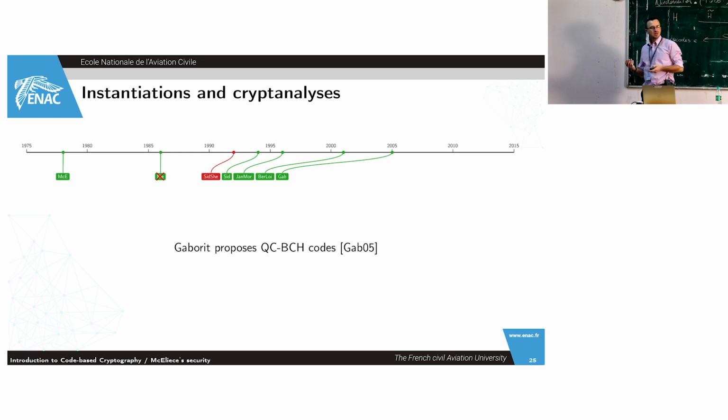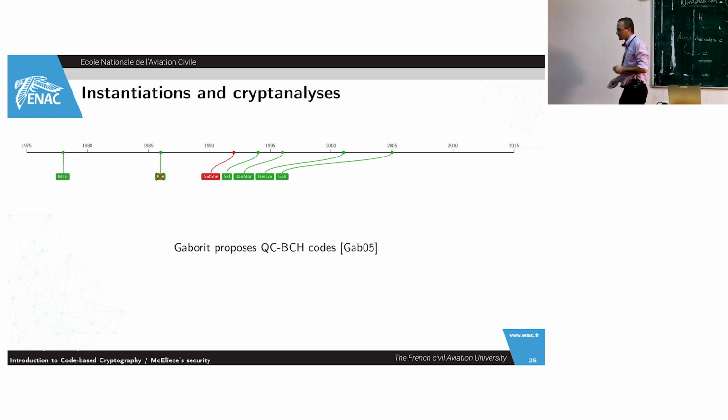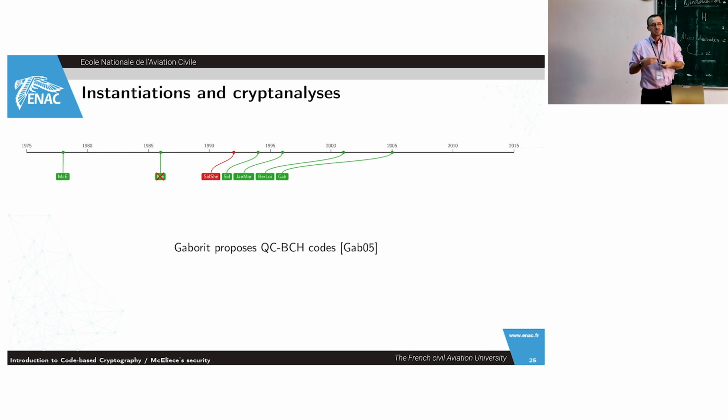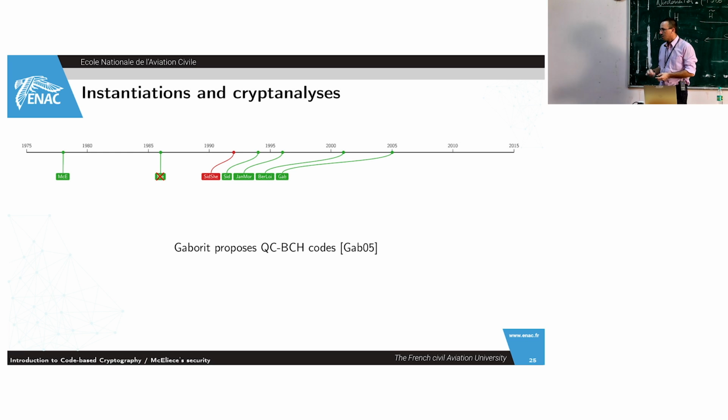The next improvement upon McEliece was Niederreiter's, which was a dual version of McEliece, and it suggested using generalized Reed-Solomon codes.